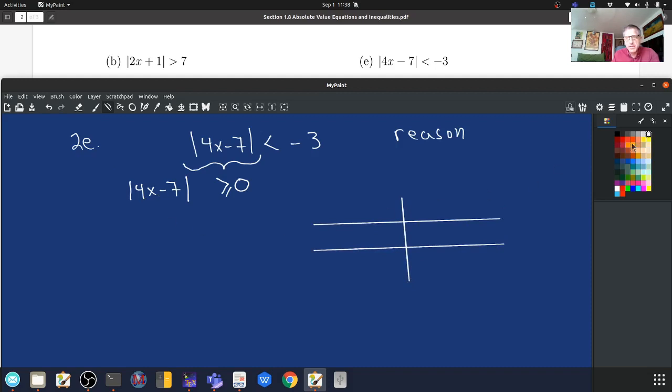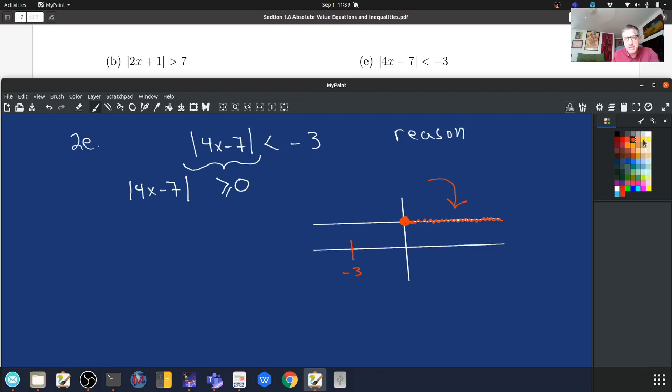So whatever this happens to be, on the left-hand side, it's going to be in this part of the number line. And that is never less than minus 3. This part of the number line is never this part of the number line.